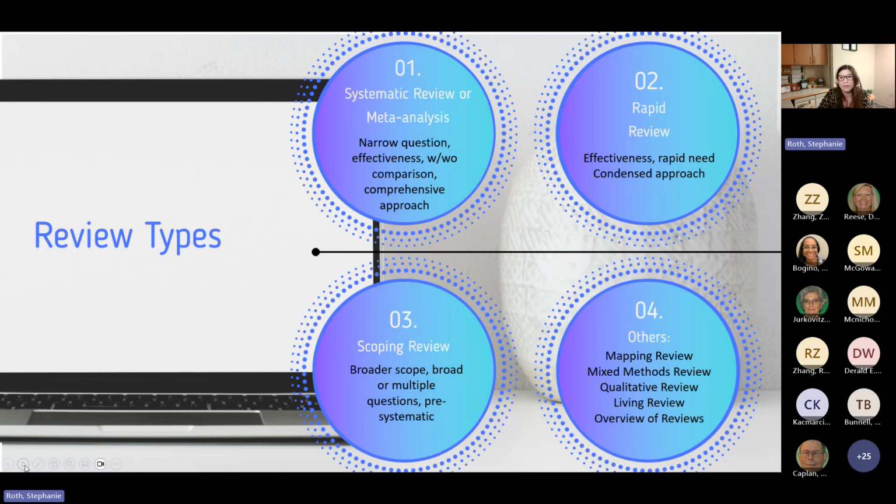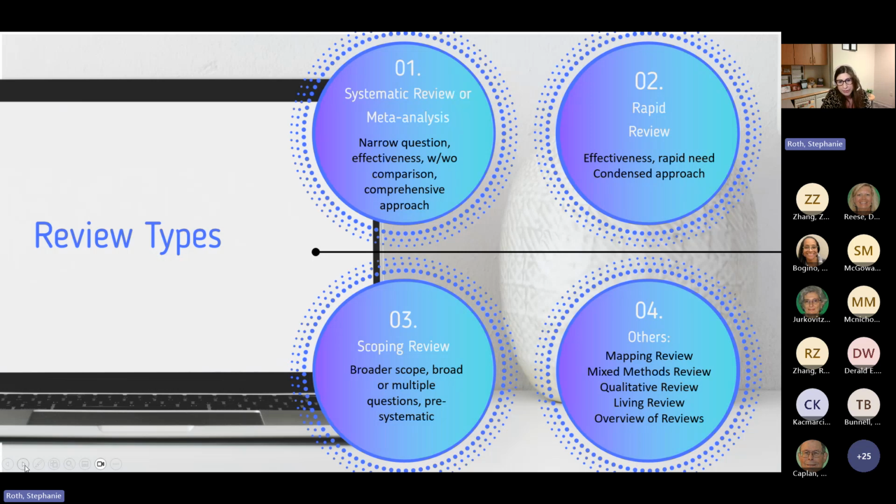And then the rapid review is also based on effectiveness with a more rapid approach, but it's a more condensed version. It has some shortcuts, but it mimics the systematic review stages very closely. It still does a quality assessment, so that part can't be omitted.